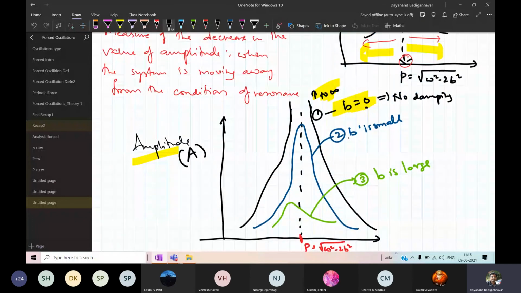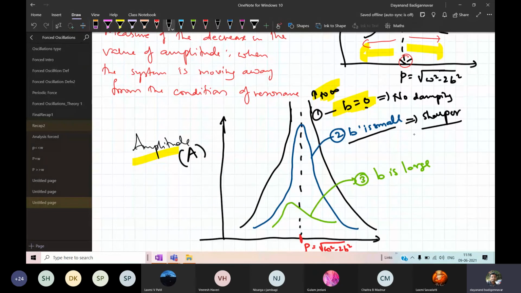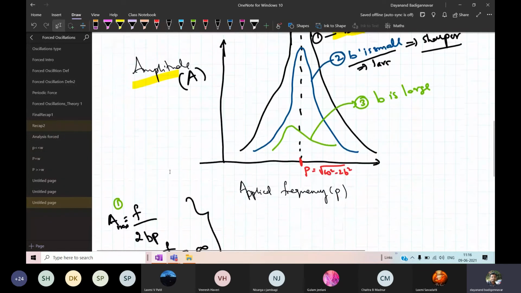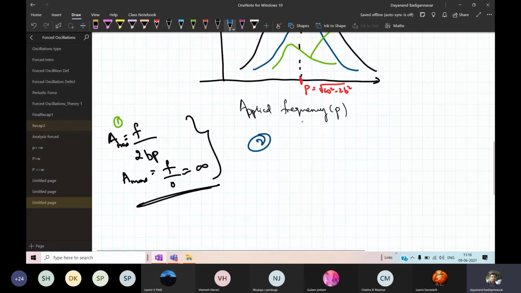Now whenever B is small, look at the curve. The curve is sharper. That means there is a very sharp decrease in the curve. This is the first case, when B is small.